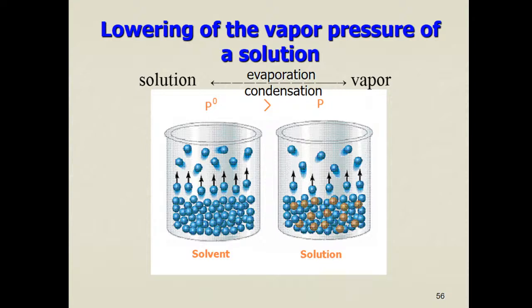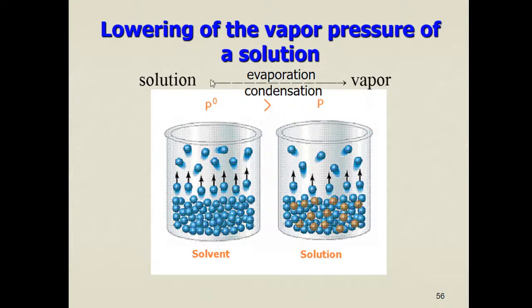You can see this if you leave a glass with water overnight, for example: you will see condensation on the inner side of the glass. It happens because of the vapor present. Definitely, this vapor concentration depends on temperature. But now we're talking about standard temperature, 25 Celsius, 298 Kelvin. It has some value that depends on the solvent nature. Let us call it P0. It's a standard value. They are usually tabulated.